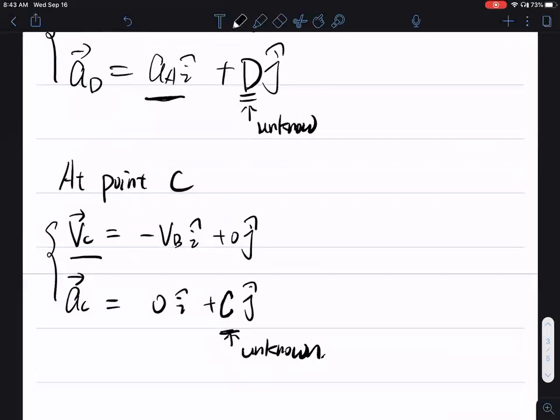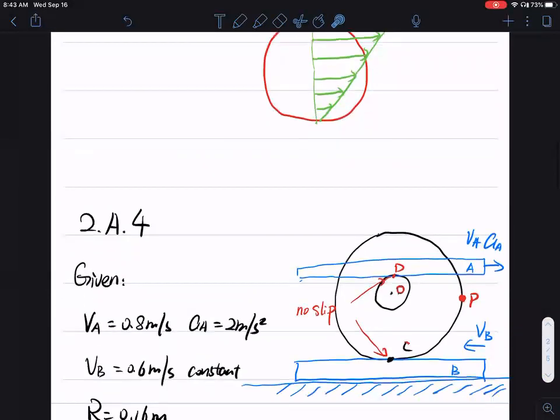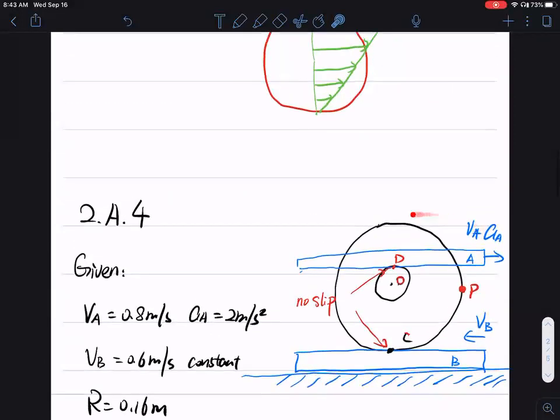Yeah, good question. The reason why AD has AA on the I direction is that block A has both speed and acceleration. The acceleration on the I direction is AA.